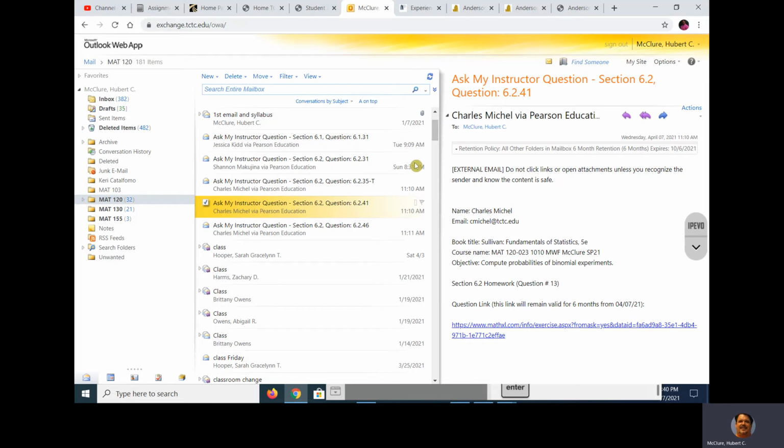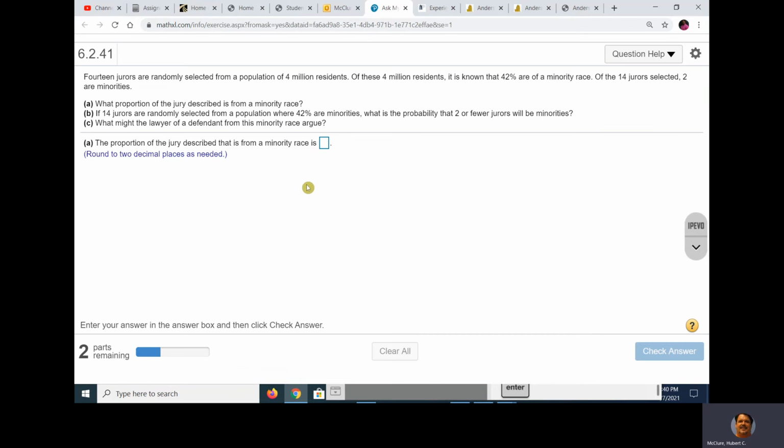I think I've already done this one. 14 jurors. So N is equal to 14. P is equal to 0.42. Therefore, Q is equal to 0.58.